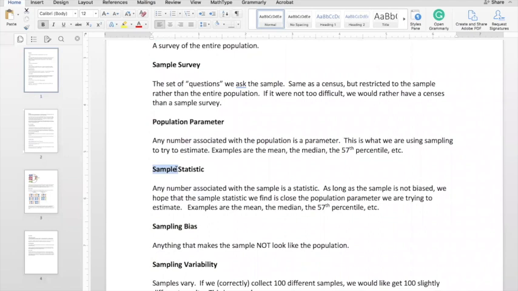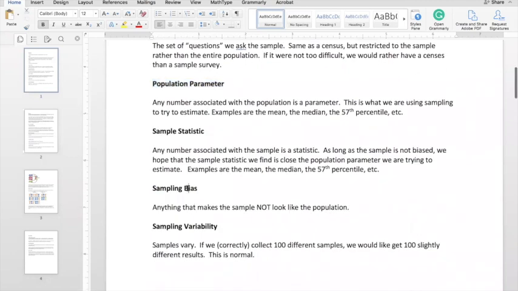And as long as my sample was good, hopefully this number is close to the thing I'm actually after. This is what I want to know. I'm too lazy or it's too hard to calculate it, so I find this and I hope that that's close to this. Problem is, it's really easy to do bad samples, samples that don't look like the population.